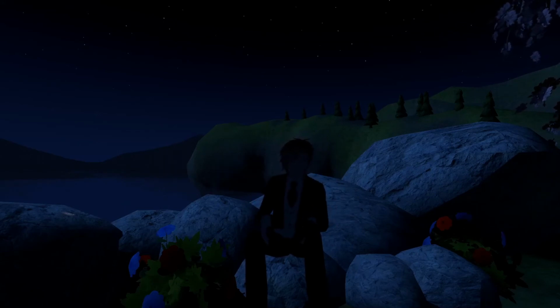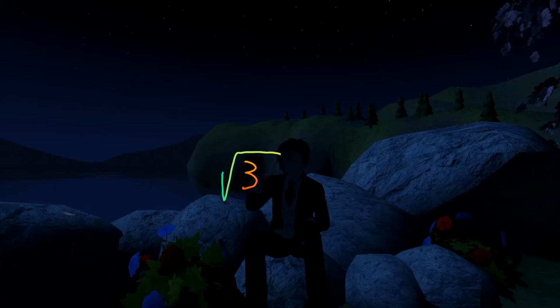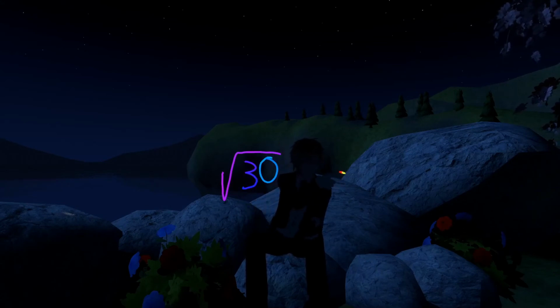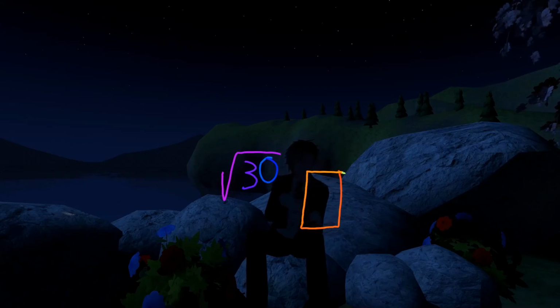So sometimes you're going to get numbers that may not be squares. So if I was to write the square root of 30, one of the basic times tables to make 30 would be 6 times 5, 5 times 6, which again is not a square, it's a rectangle.